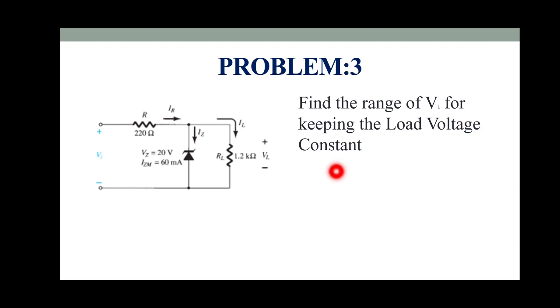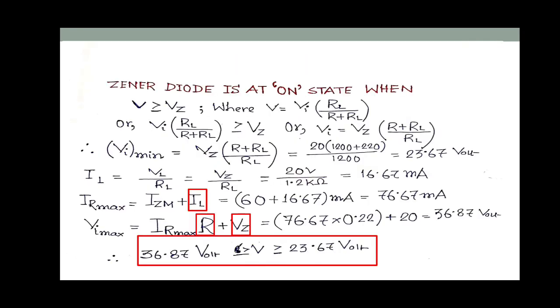Now here Vz is constant, RL is constant, and IL equals Vz by RL, so IL should also be constant. And IR equals IZ plus IL, applying KCL here.